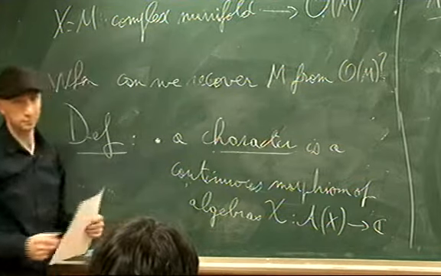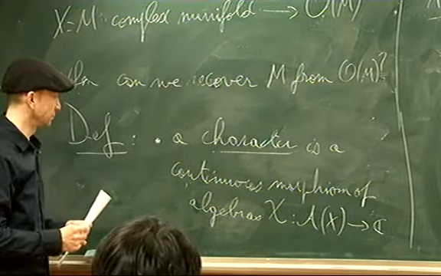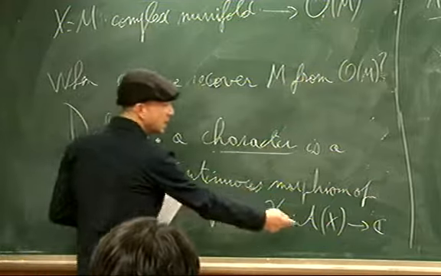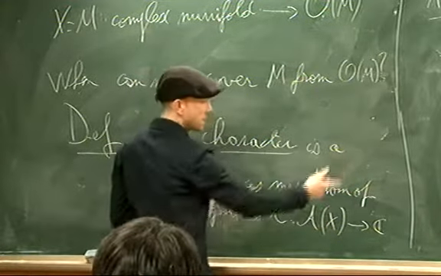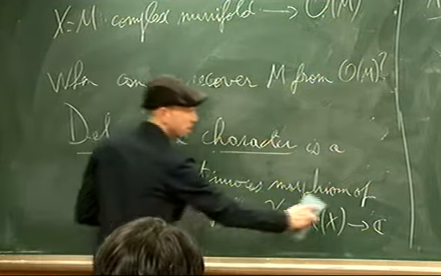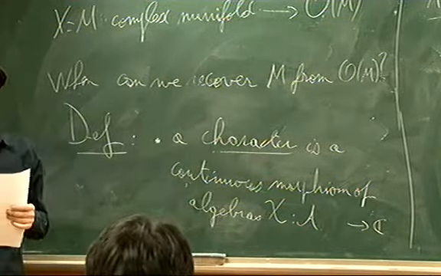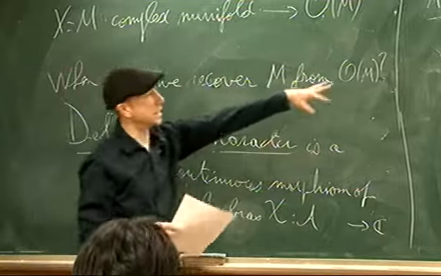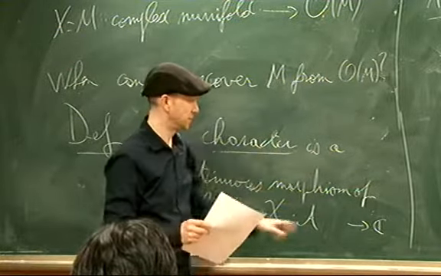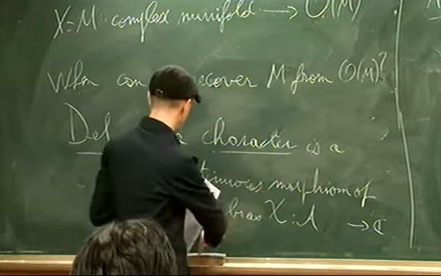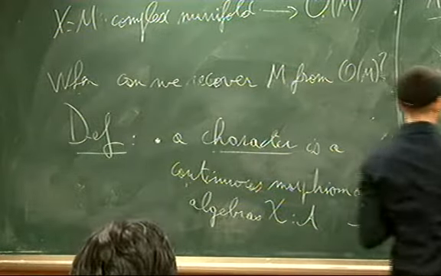Of course, my A will be the A of X, but I wanted to insist that this applies to any topological algebra. So this is what I call a character.